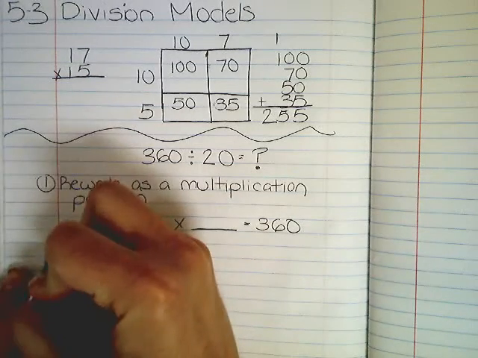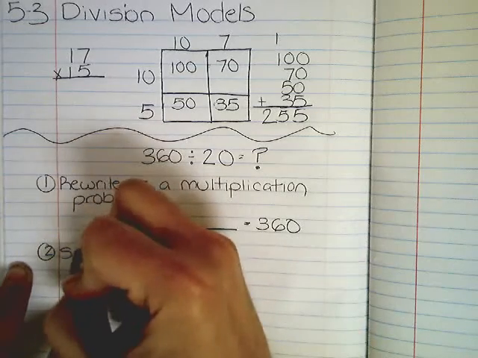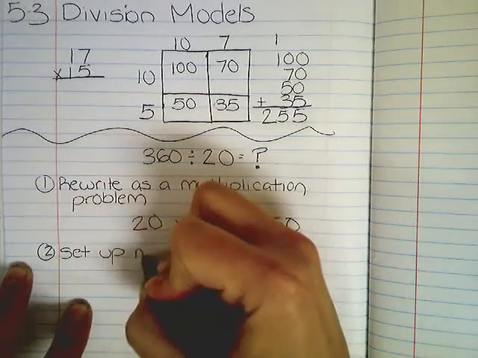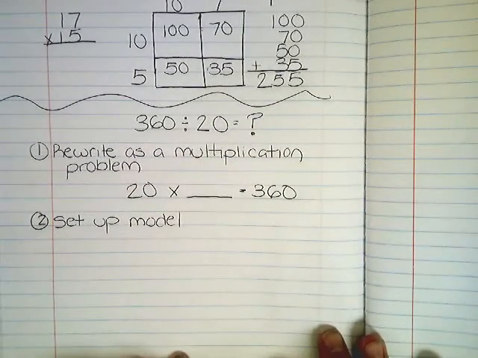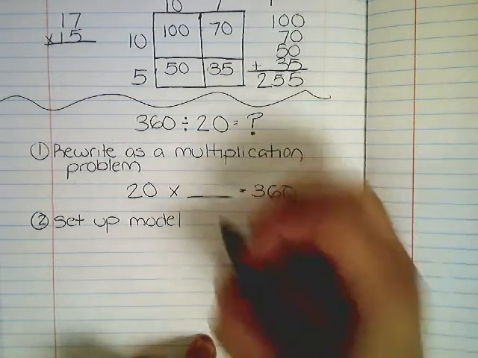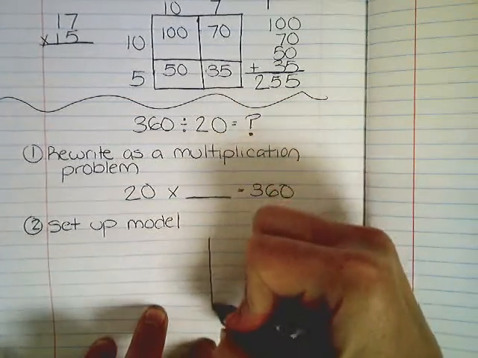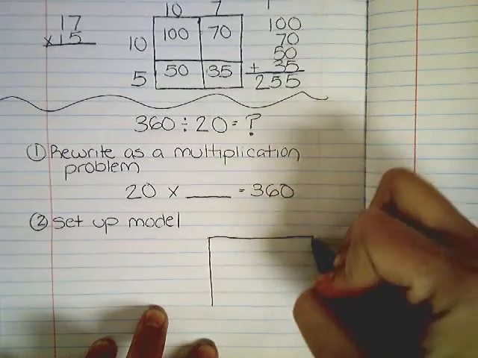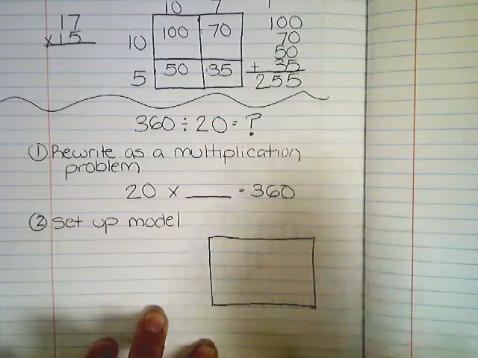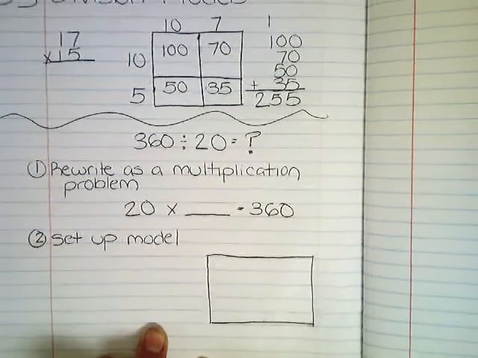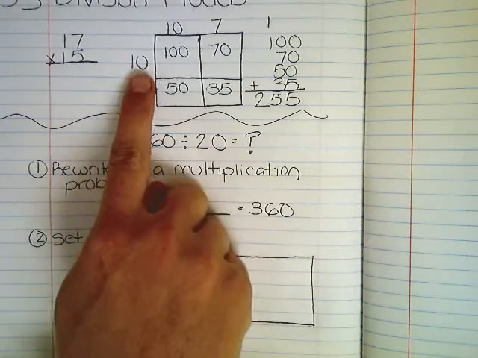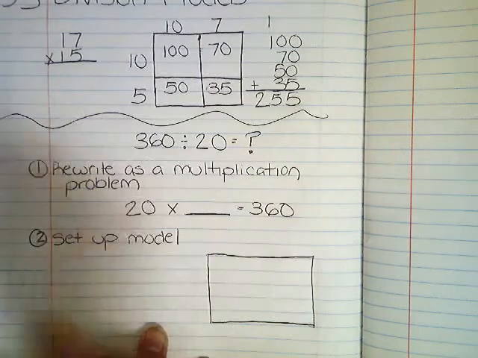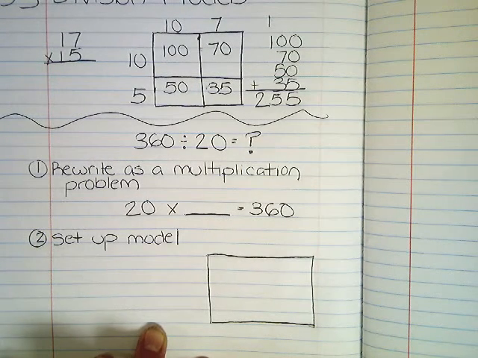The second part of using a model is we're going to set up the model. So I want you to go ahead and draw another box. When we were using the box method for multiplication, we knew that this side times this side gave us our product. We're going to be using the same exact thing.